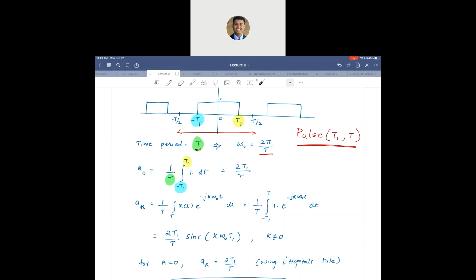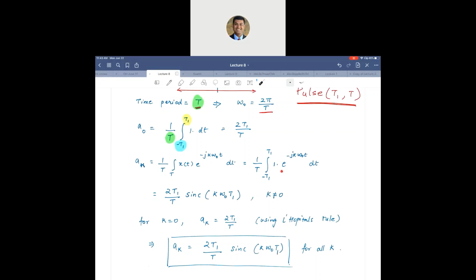In fact, x of t is 0 outside, so I only need to integrate between negative t1 and t1. 1 over T remains as is, and inside the integration I have 1 for x of t, and I also have e to the negative jk omega naught t. That's my orthogonal set, the functions in the orthogonal set.